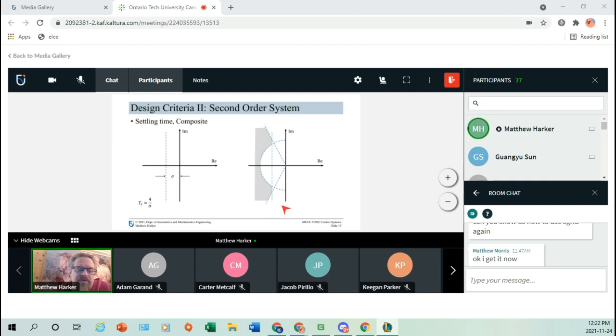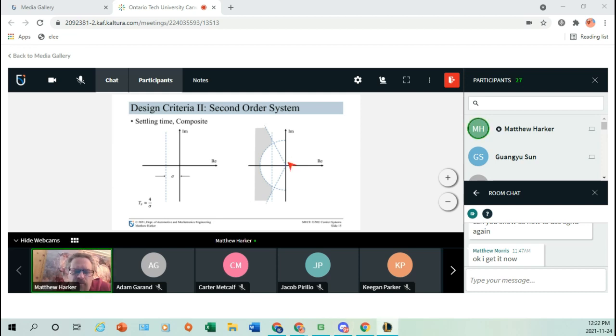But if we want to control our response, design our controller to get the system to really do what we want, we're going to have some other region in this complex plane, which is going to be the acceptable region for the dominant pole, right?